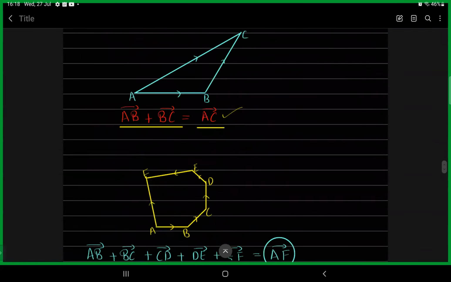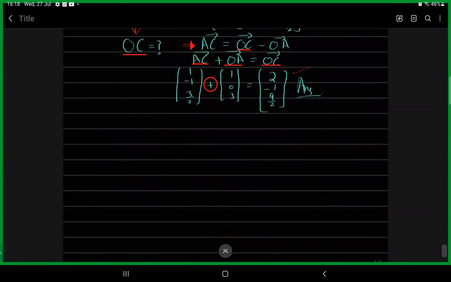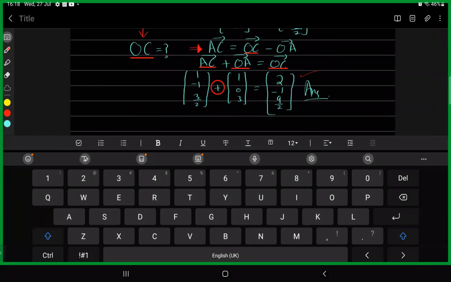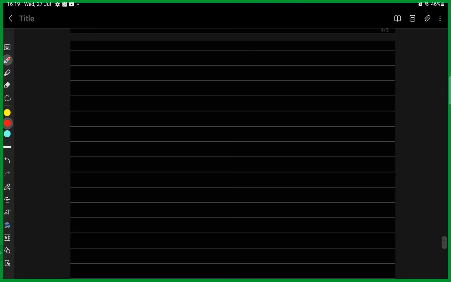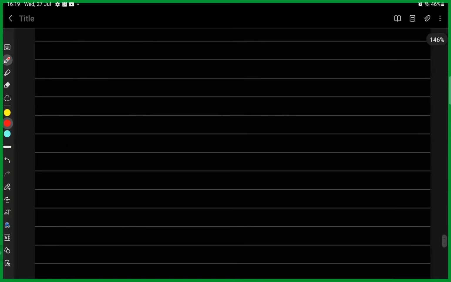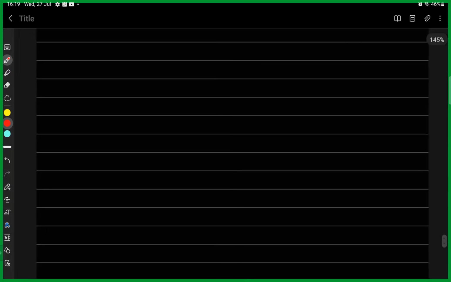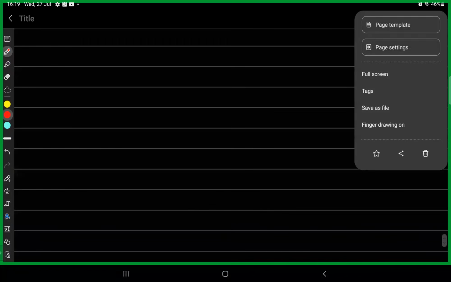And now we are going to discuss the vector equation of a straight line. I'm pretty sure by now you guys would be familiar with the simple equation of a straight line. That's y equals mx plus c. But in this class, we'll see how to use vectors and then write down the equation of a straight line. So let's talk about it now.